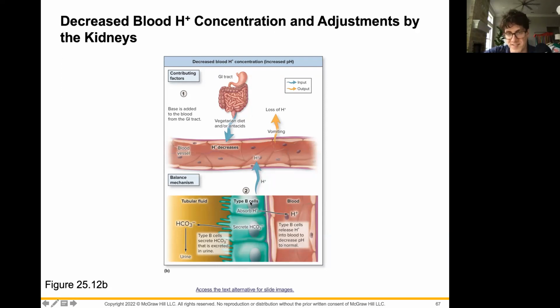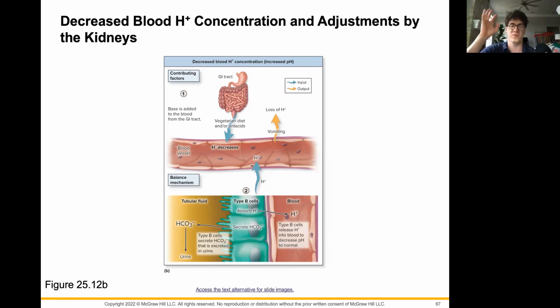So now the cells in our kidney tubules are going to be absorbing some of the hydrogen ions that got pushed into the tubular fluid. We're going to be absorbing more of those than we ordinarily would. We're going to absorb as many of those as we possibly can, putting them back into the blood, trying to raise that hydrogen ion concentration in the blood. The same thing is going to be true here, where we're actually going to be secreting additional bicarbonate into the tubular fluid to see if we can bring these numbers back into their normal ranges.